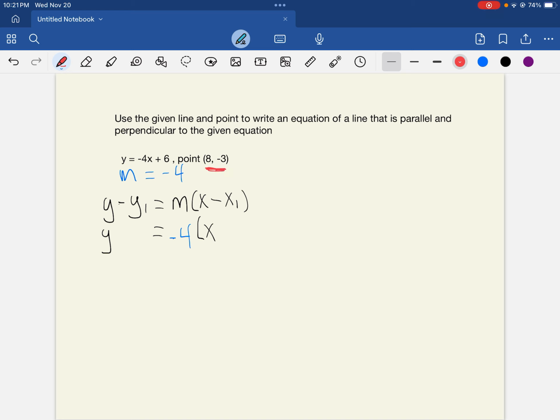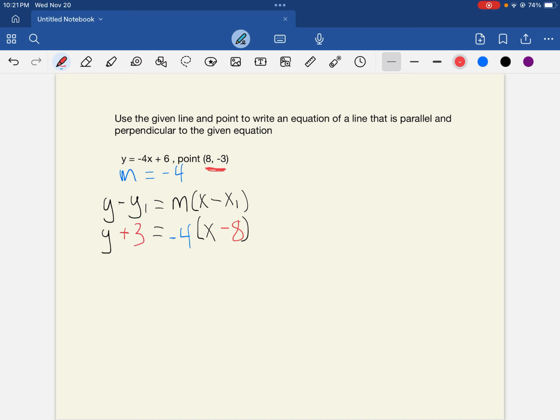When I am writing my equation in point slope, the signs of the numbers in the point change. I have the x coordinate of positive 8, so I am going to write negative 8. In my point, I have the y coordinate of negative 3, so I'm going to write the y in my equation as positive 3.